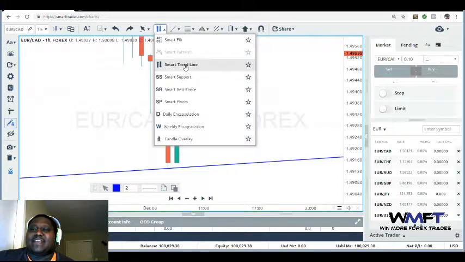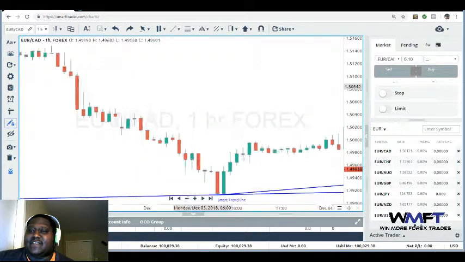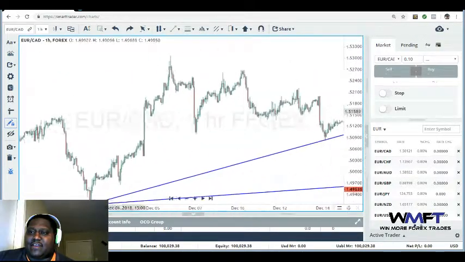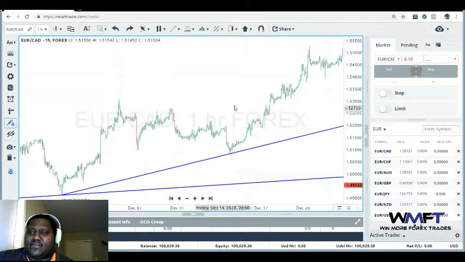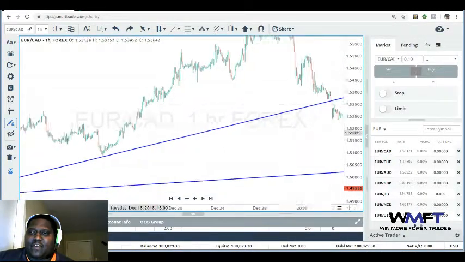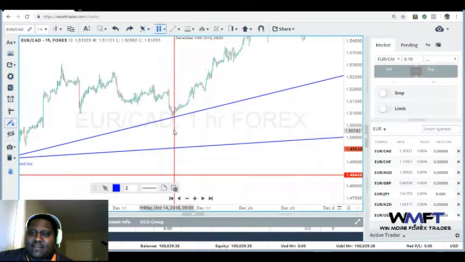And let's bring in another smart trend line, because you want to bring trend lines in at each touch. Every time the market respects that trend line, you want to bring in another trend line. And actually, we have 3 of them here. We have another trend line right there. There's another touch.